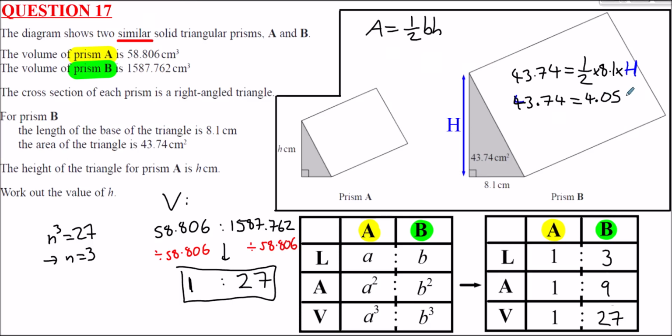So we can work out H by dividing both sides by 4.05. So therefore, the height of this one is 43.74 divided by 4.05.